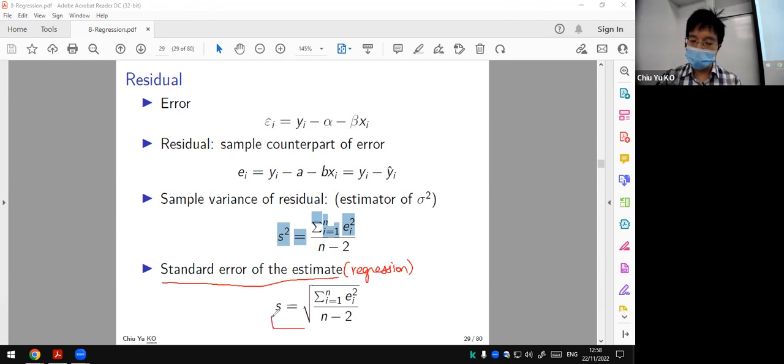Essentially it means that based on the residuals, you estimate sigma square. They are the sample counterparts of sigma square and sigma, and you can imagine they will be useful for hypothesis testing. We will talk about it immediately.